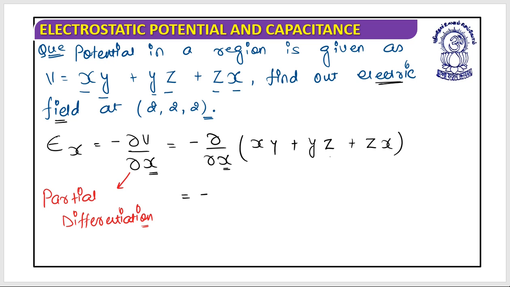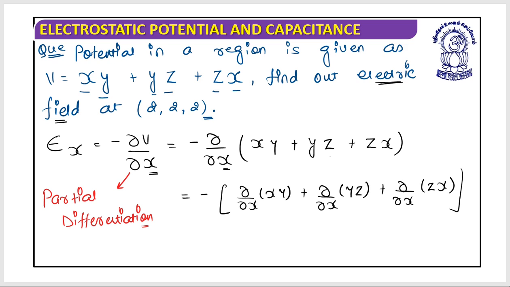So this is minus, ∂/∂x of xy plus ∂/∂x of yz plus ∂/∂x of z into x. So this equals minus of: ∂/∂x of x is 1, so the remaining term is y, plus ∂/∂x of y into z, as y is constant and z is constant because I am differentiating with respect to x, so this is 0, plus ∂/∂x of z into x, which is z.